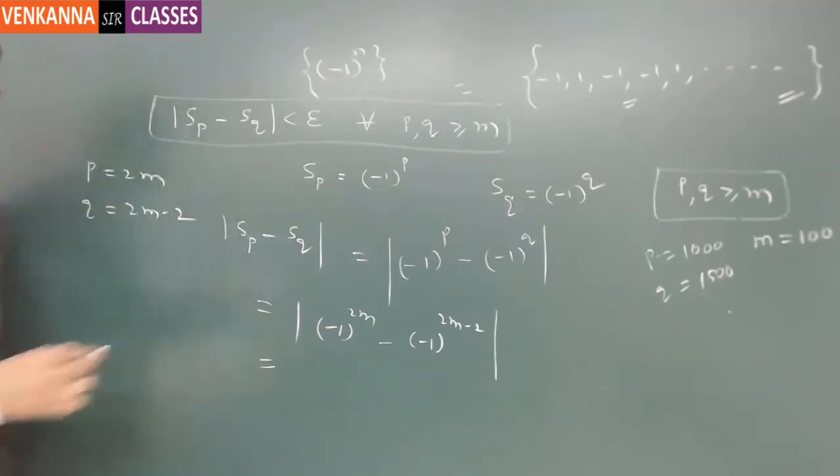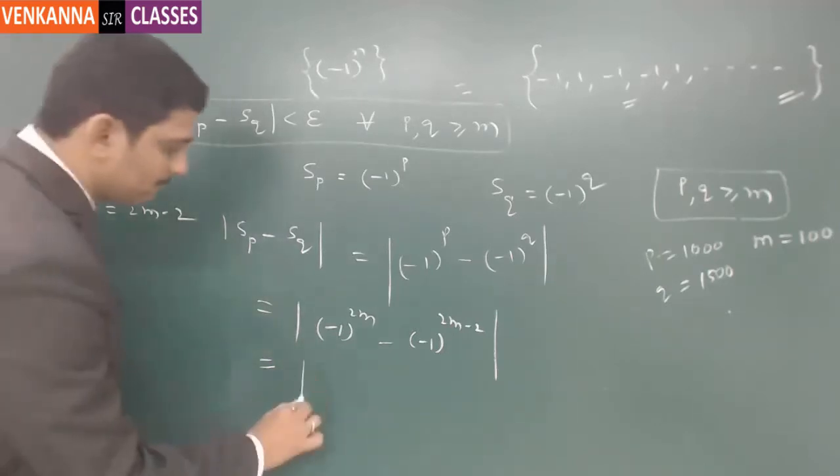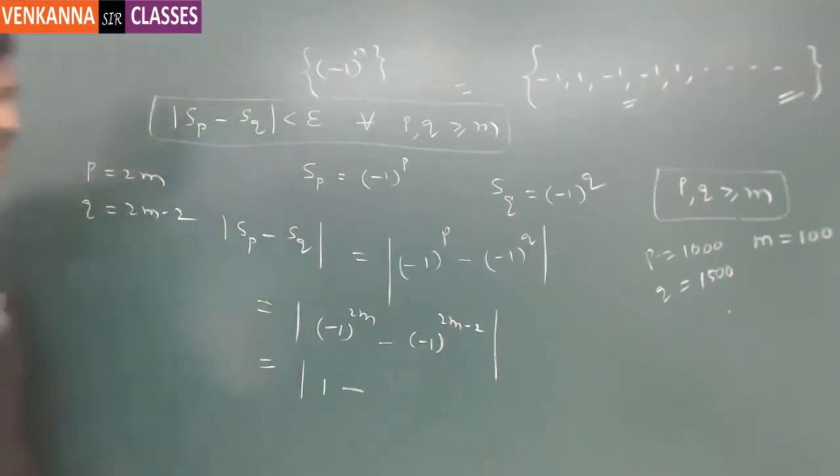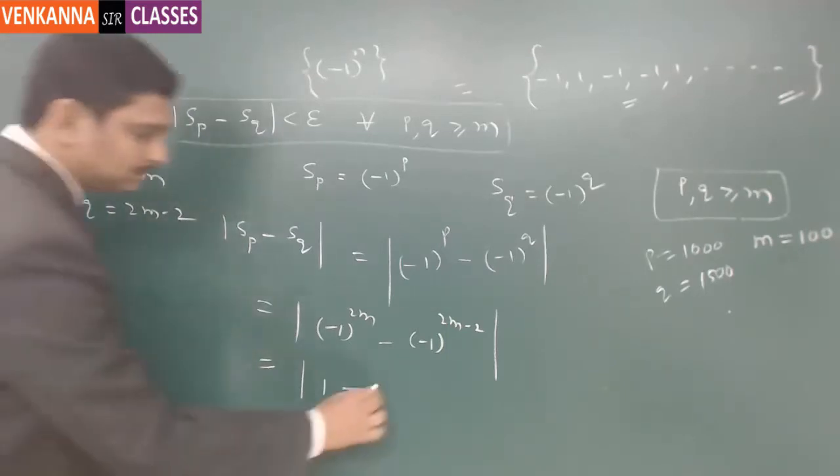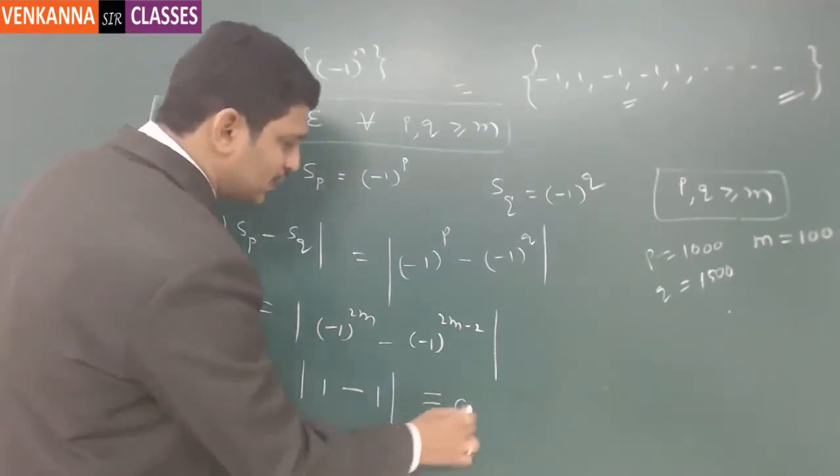So this gives what? Can you tell? So minus 1 whole power 2M, that will be 1. Accepted? And this will be, is it positive or negative? 1. So we are getting it as 0, right?